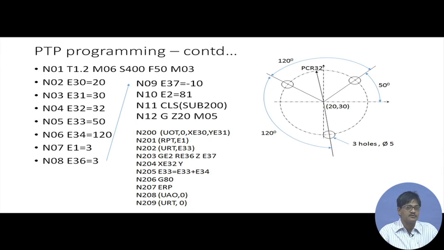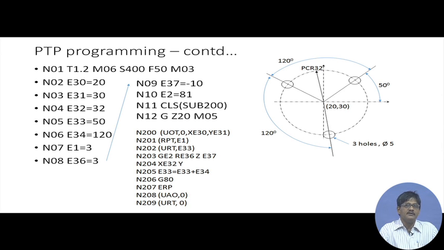So, this do loop is going to be repeated 3 times. Again we start the do loop and it goes to URT E33. E33 has changed now, it is equal to 50 plus 120, and therefore the coordinate system gets rotated so that the absolute angle of rotation is now 120 plus 50. So, the already rotated coordinate system undergoes a further rotation.